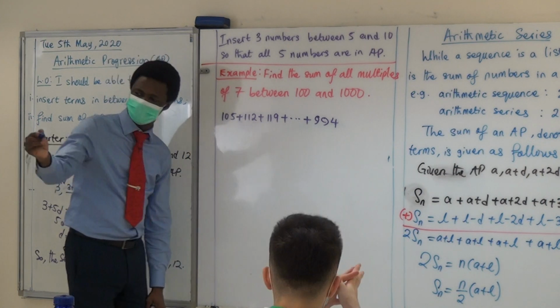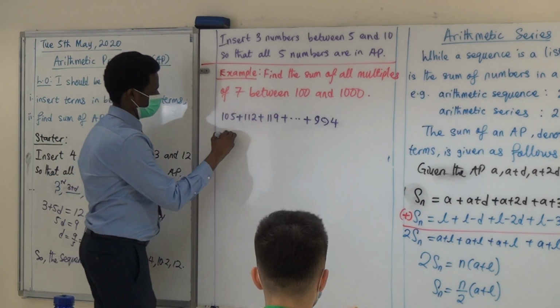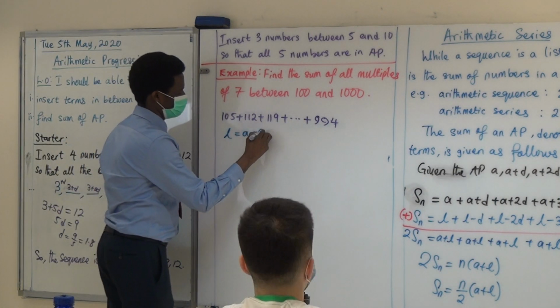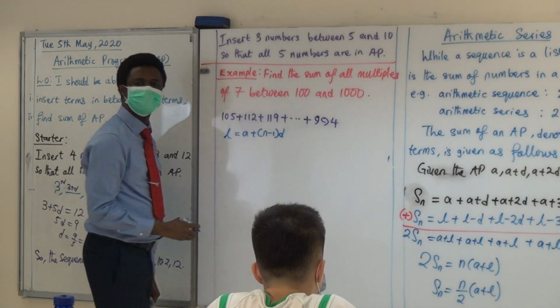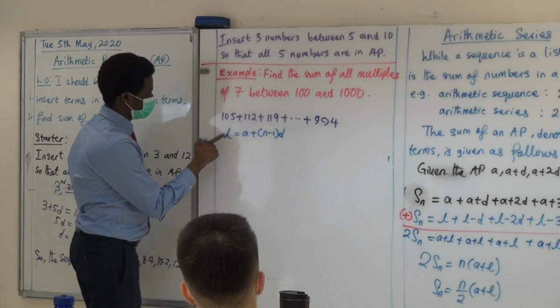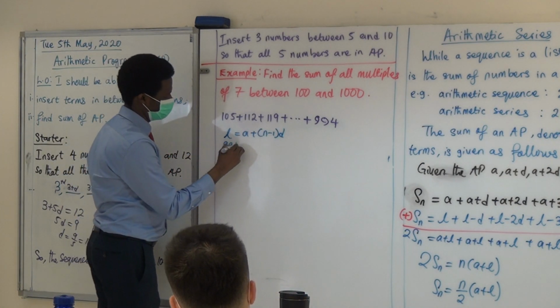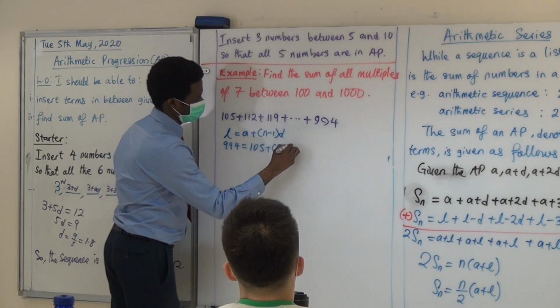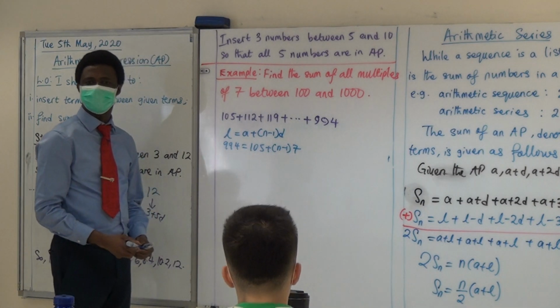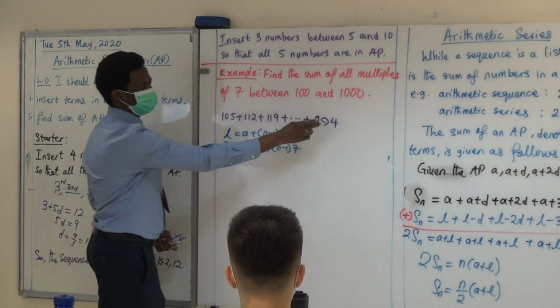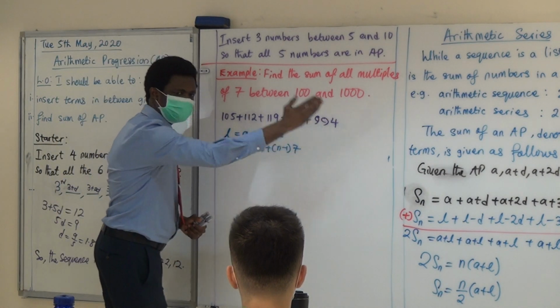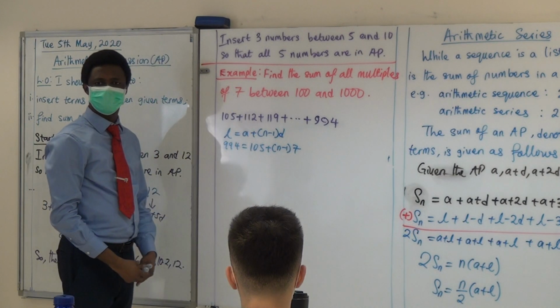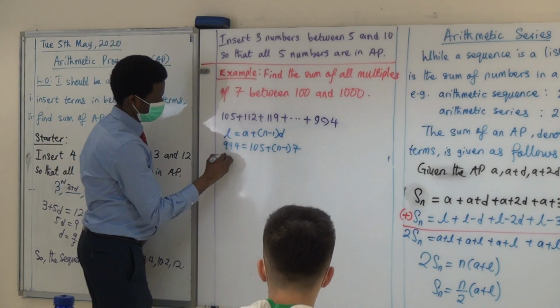Use the formula. What's the formula? L equals a plus (n minus 1)d. Yes? So what is this? 994. a is 105. (n minus 1), 7. Okay? Then by finding the position of this term, you find the number of terms. Alright? So quickly, 994.